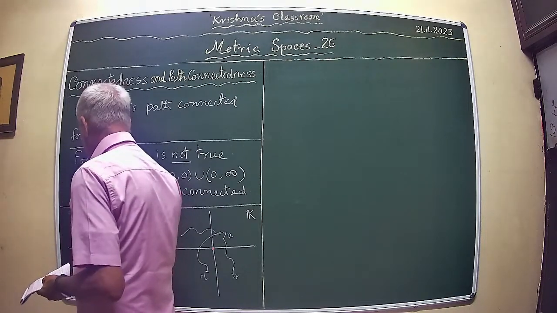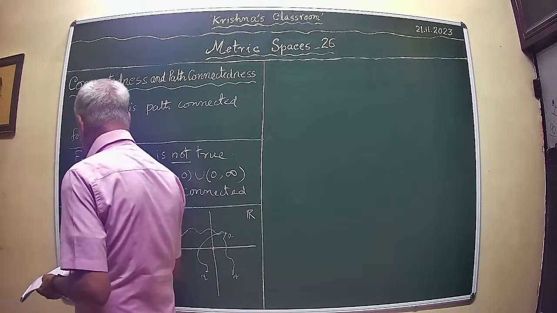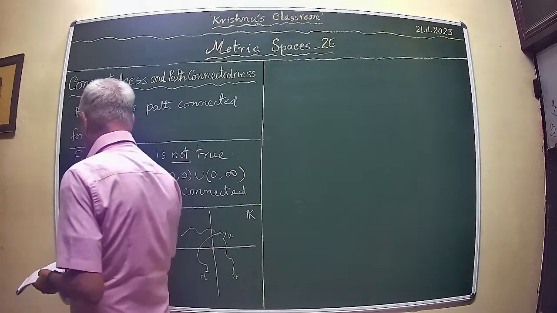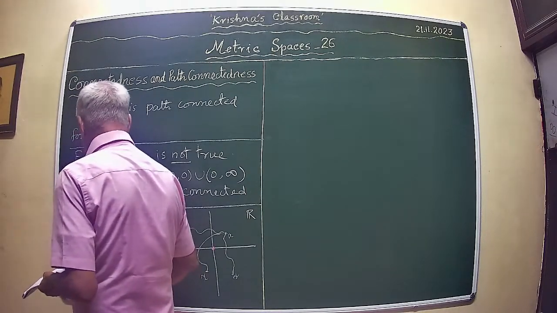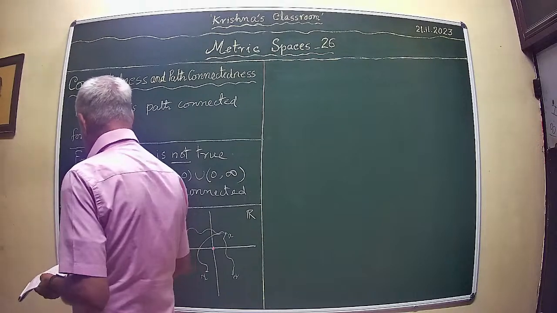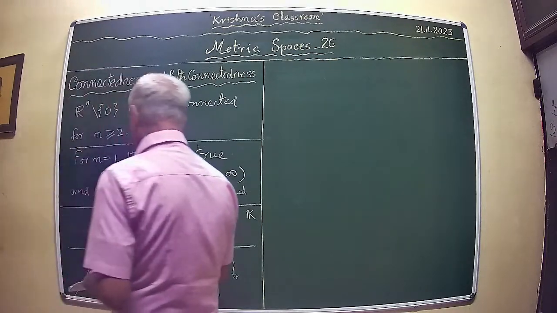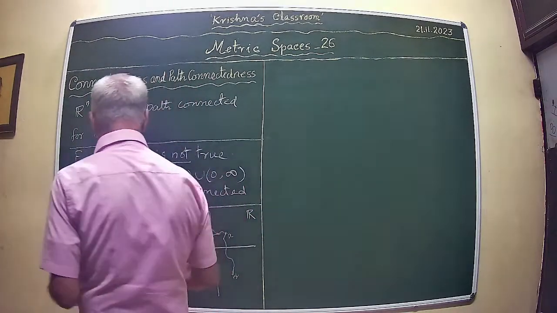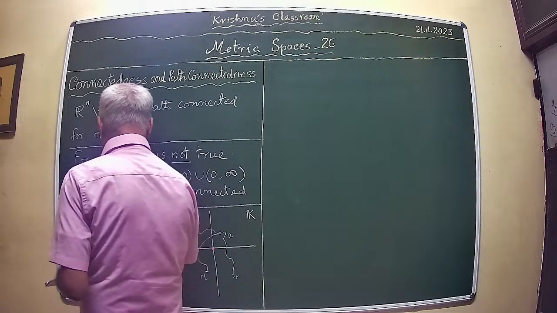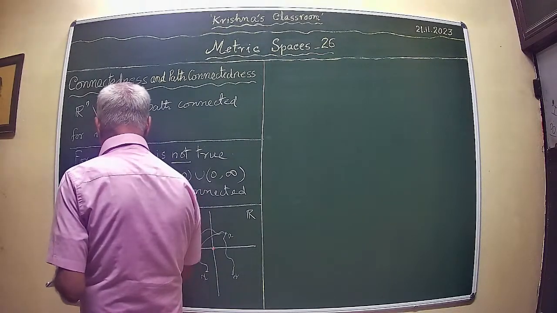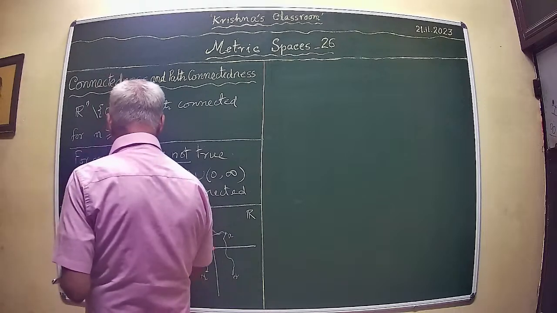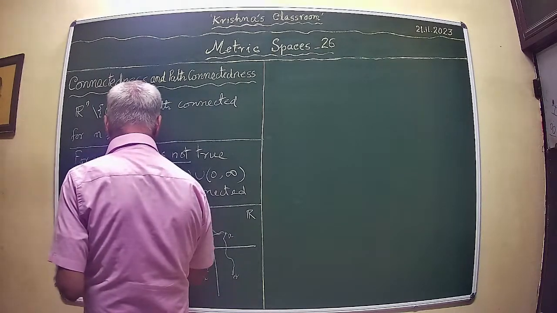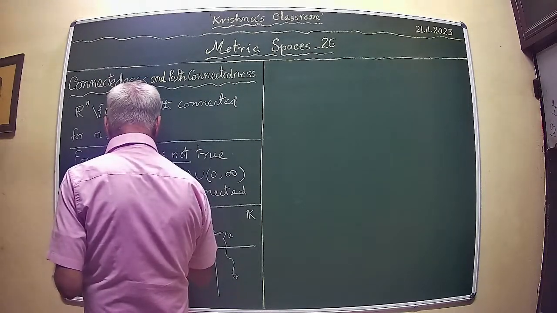Now, if A is in the first quadrant, then consider the third quadrant. If A is in the second quadrant, then the corresponding points in the third quadrant. In other words, you look at these points tA, where t belongs to (minus infinity, 0).